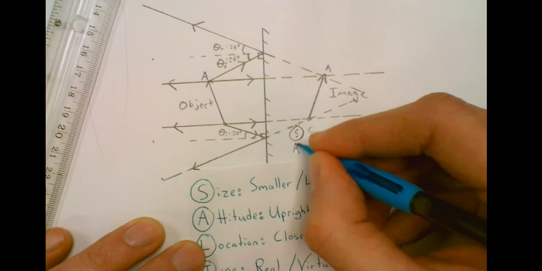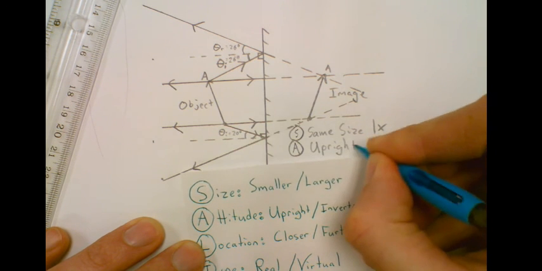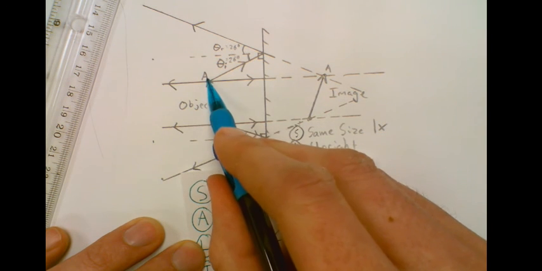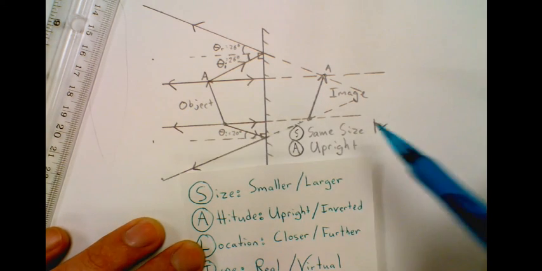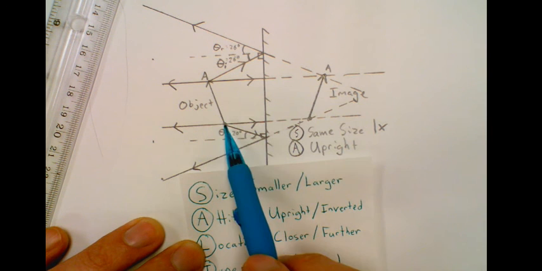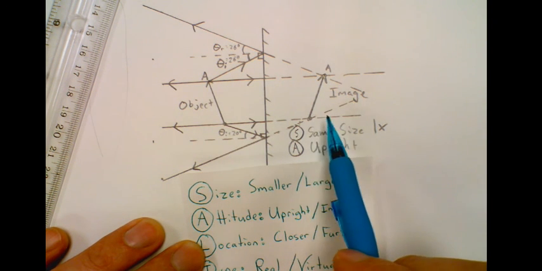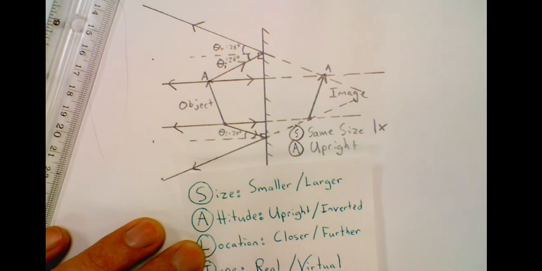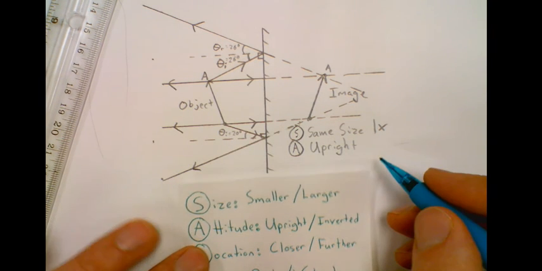A for attitude, so this is upright, because point A is the top of the diagram in both points. You will notice that it is actually inverted laterally. This side is slanted to the left, this is slanted to the right. And so that's why when you're looking in plane mirrors, words appear to be reversed or flipped laterally. But we're not putting this down right here for these properties.